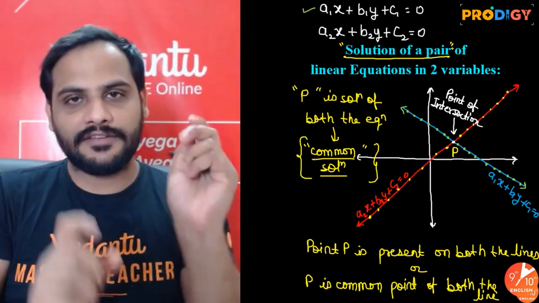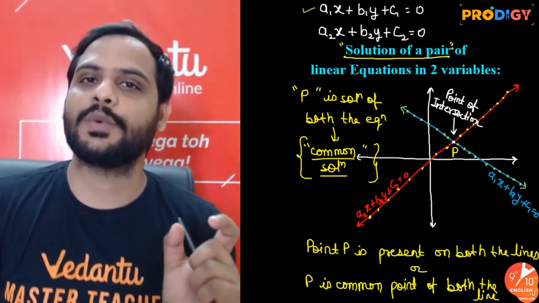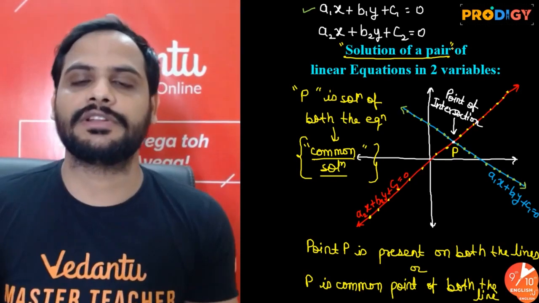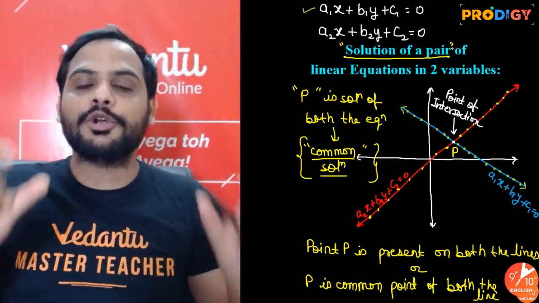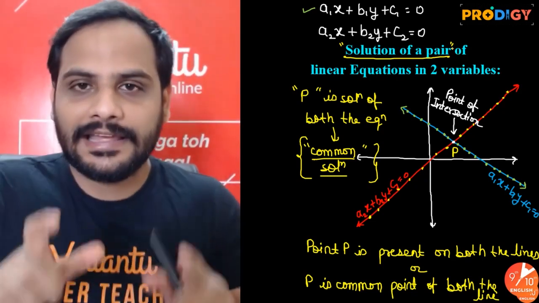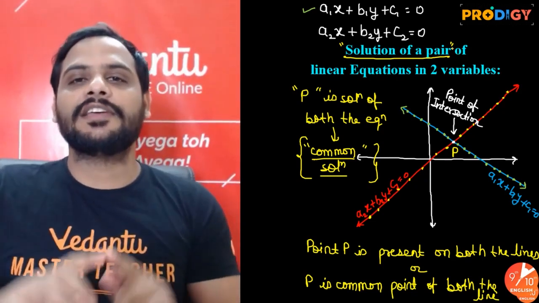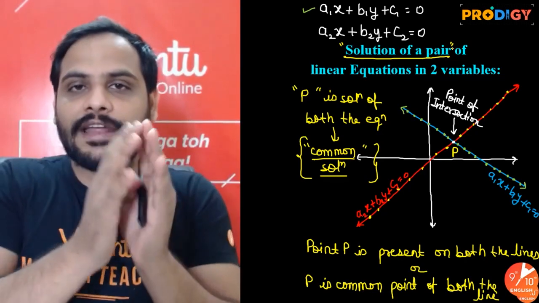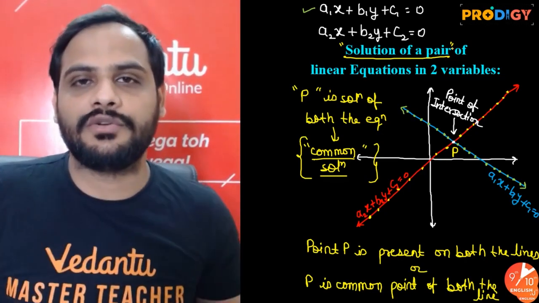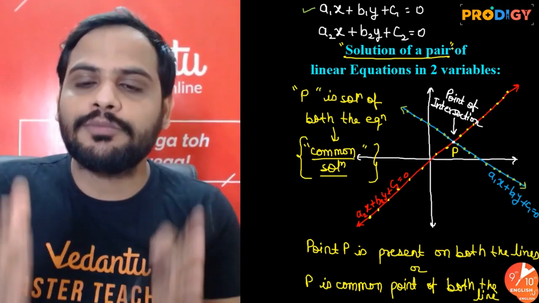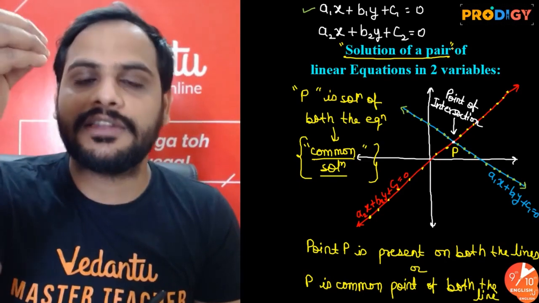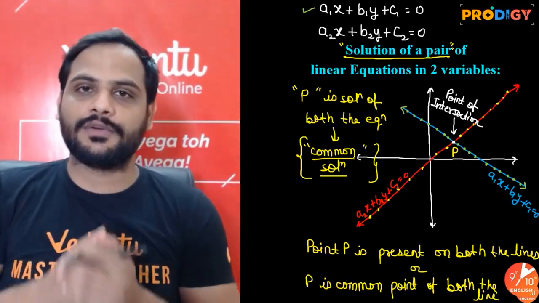Every linear equation in two variables has infinite solutions. But when I talk about the solution of a pair, it means the common solution to both the equations, those values of x and y which will satisfy the first equation as well as the second equation.